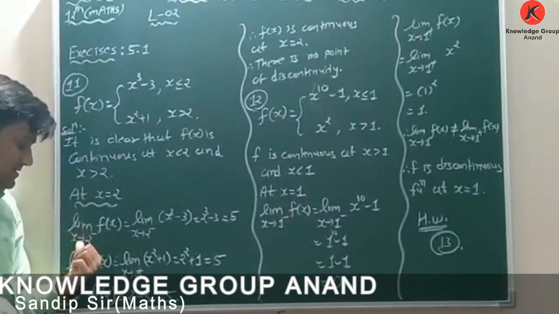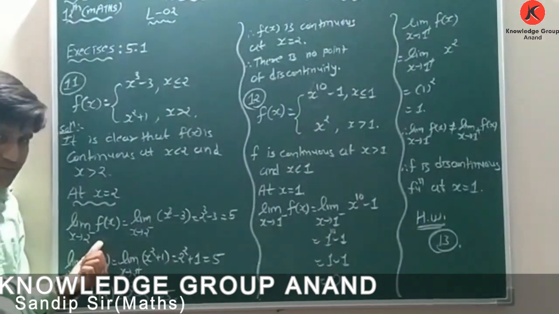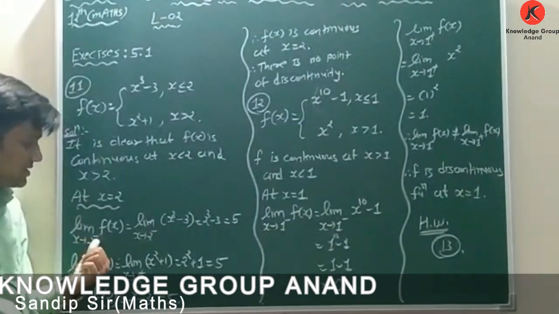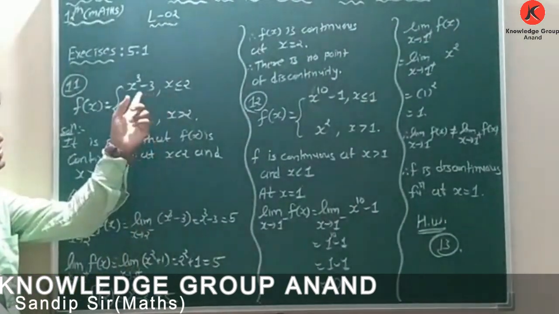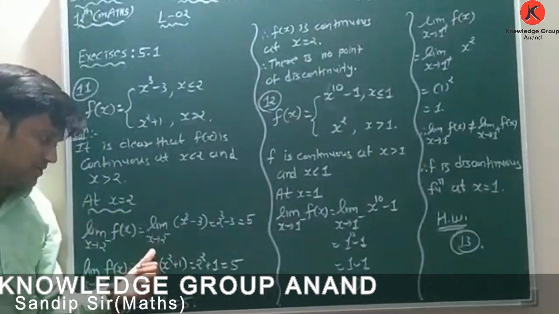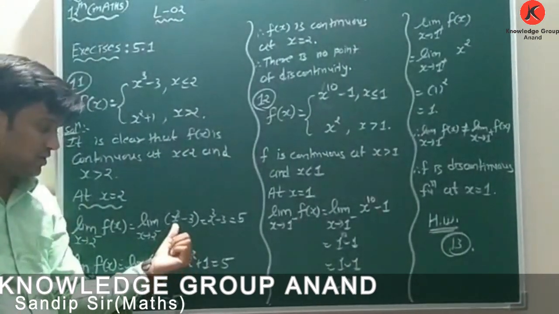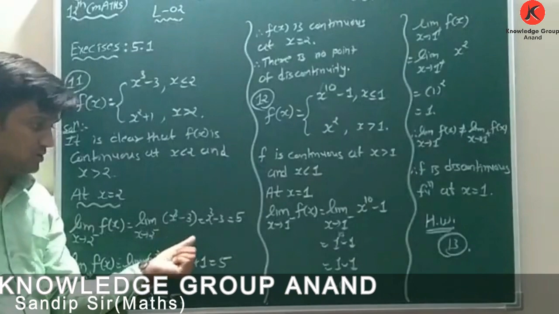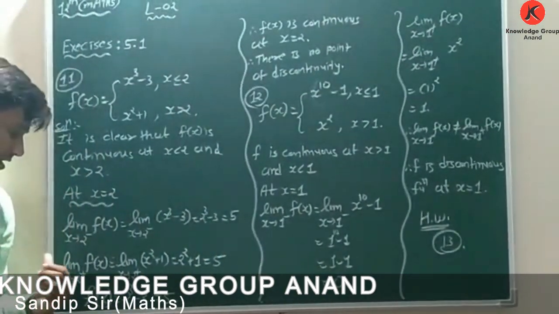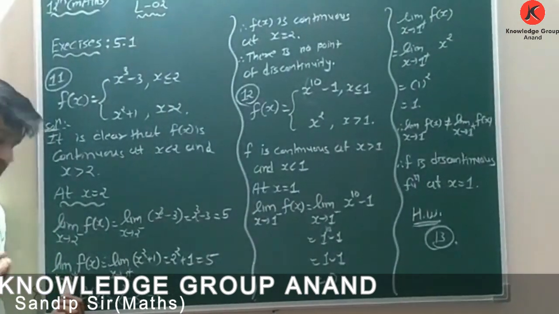So first, limit x tends to 2 minus f of x, that means slightly less than 2, the function is x cube minus 3, so limit x tends to 2 minus of x cube minus 3, putting x is equal to 2, that means 2 cube minus 3 is equal to 5. And the right hand side limit, x tends to 2 plus, that means slightly greater than 2.